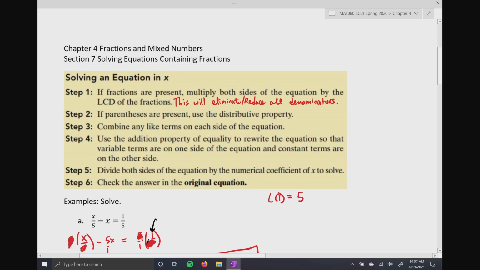All right, so let's go over this then. The last time we spoke, we were talking about solving equations that contain a fraction. And the only new step is step number 1, which is if you see a fraction, multiply by a number that will eliminate all denominators.